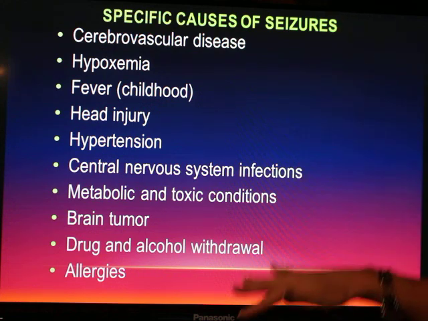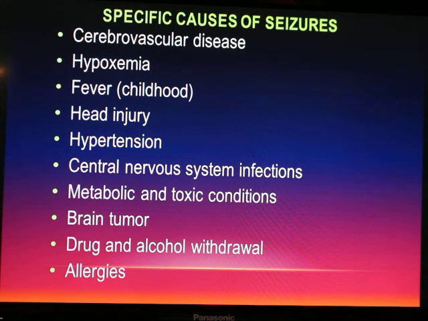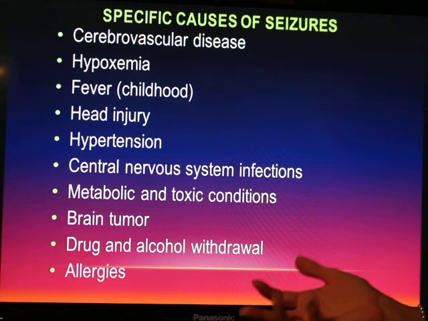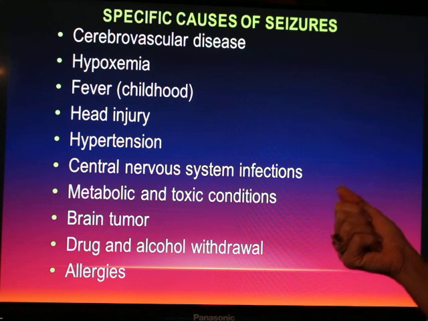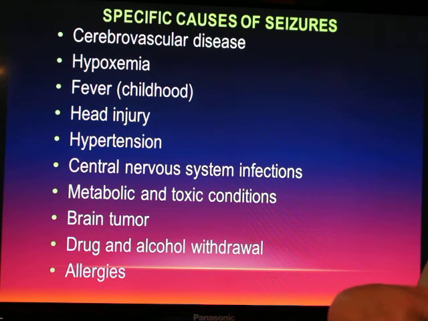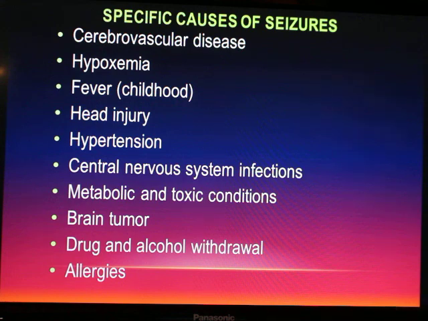The other thing I want you to study this week is seizures. There are some specific causes of seizures. So some people have seizures for a very particular reason. They have tumors. I've told you about my dad, who started having seizures because he's got a tumor. People that have high blood pressure, brain tumors, drug or alcohol withdrawal, certain allergies, head injuries can cause it.